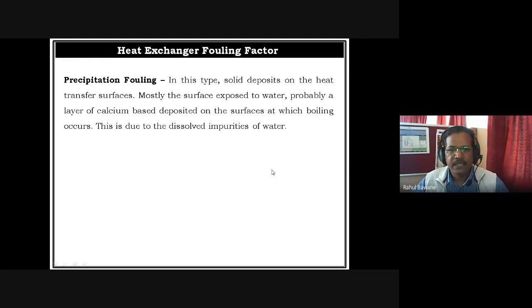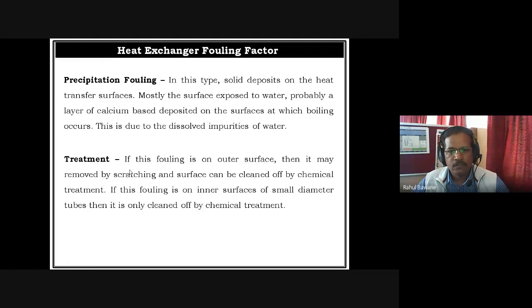Now what is the remedy, how to treat it? If this fouling is on the outer surface, then it may be removed by scratching, and the surface can be cleaned by chemical treatment. If it is on the outer surface, you can use any sandpaper and remove it. If this fouling is on the inner surface of small diameter tubes, then it can only be cleaned by chemical treatment.